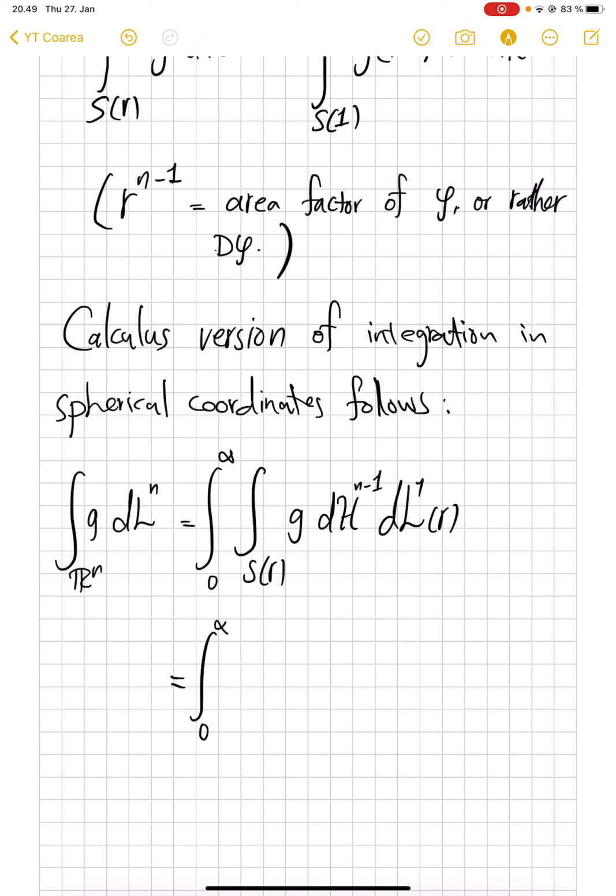And now, instead of integrating over S_r each time, we wish to integrate over the same sphere of radius 1 by the formula we had.